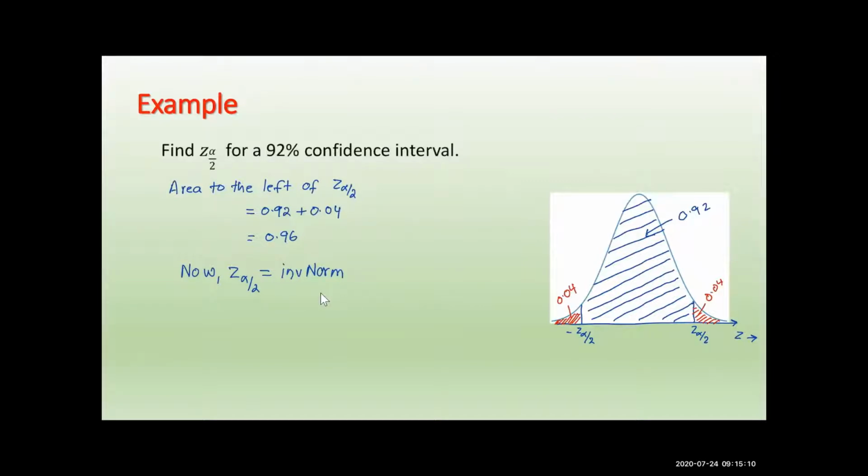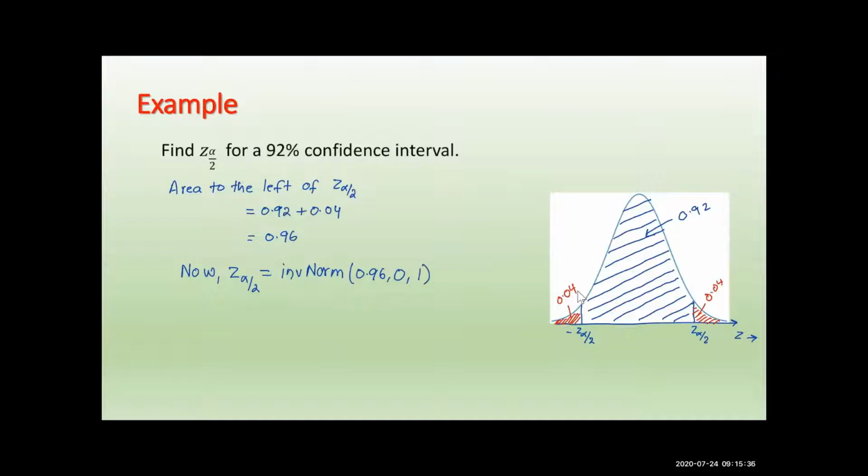Inverse normal, then you write the area to the left of that Z-score. From here to the tail, we got 0.96. Then you need the mean, because we are talking about the Z-score. This is the standard normal distribution, so the mean is 0 and the standard deviation is 1.